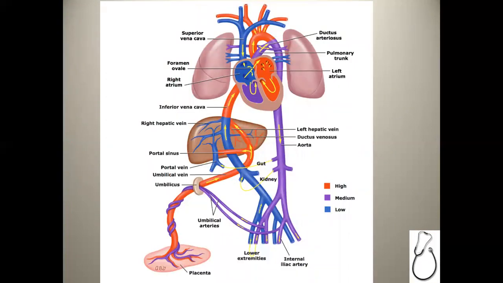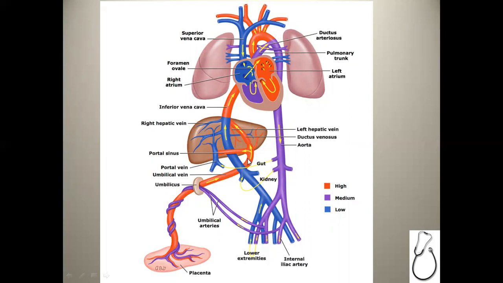This is a figure to explain to you how this fetal circulation occurs. This is the placenta, where the oxygenated blood, this is the red blood, enters the fetus through the umbilical vein.